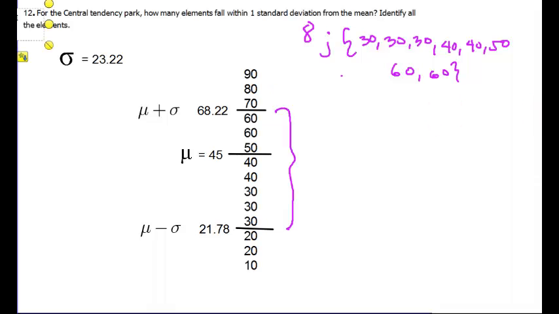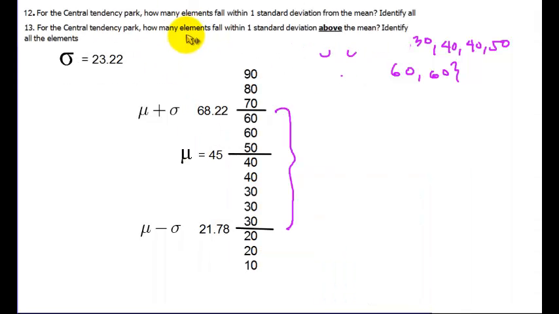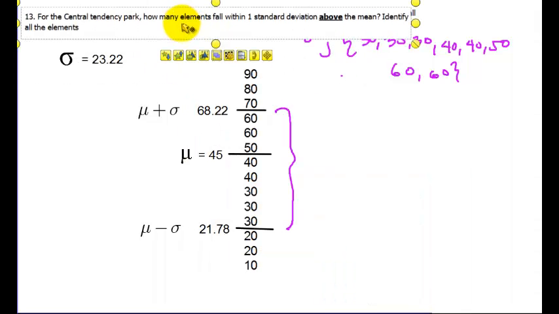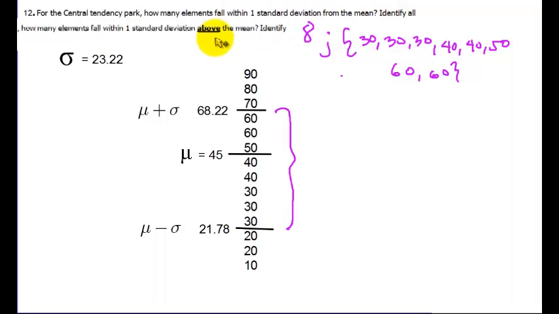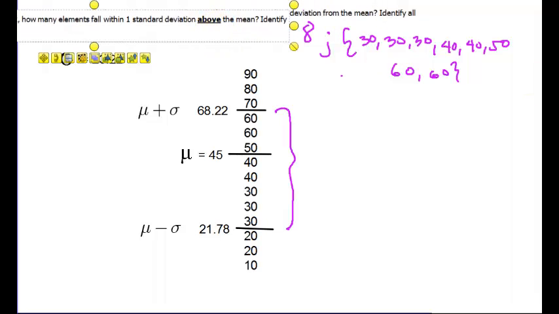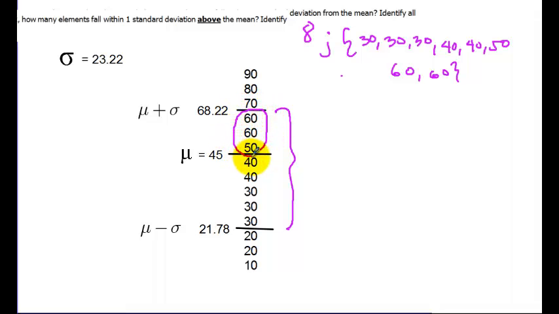Now what if we are going to answer this question? For the central tendency part, how many elements fall within one standard deviation above the mean? Above the mean means all numbers above your mean, but within your one standard deviation.